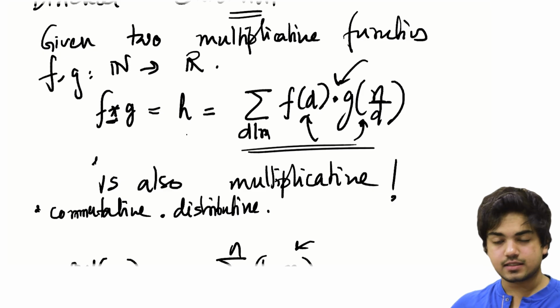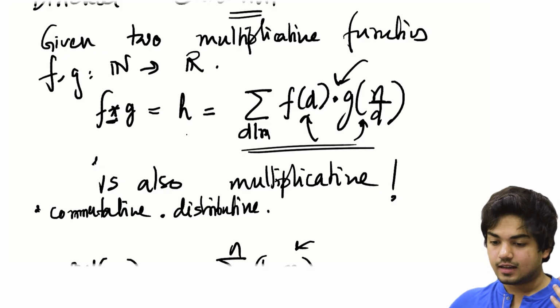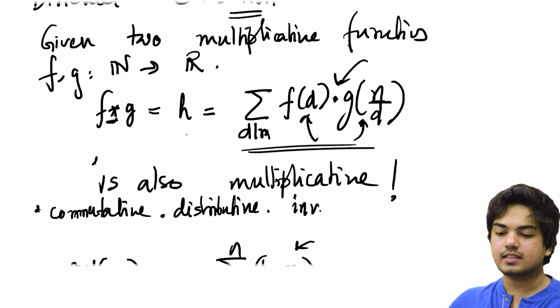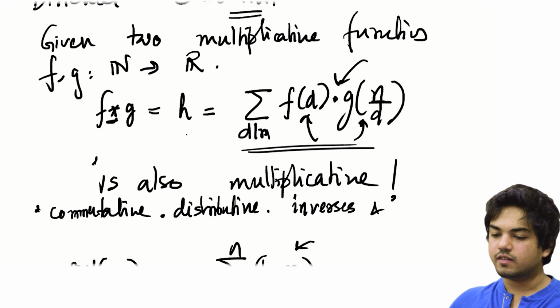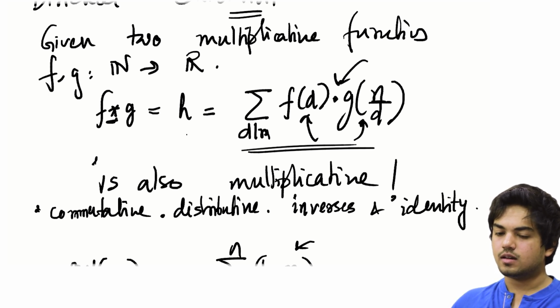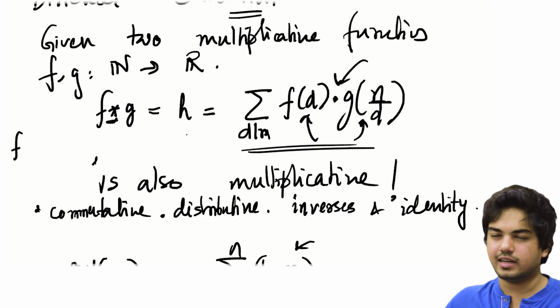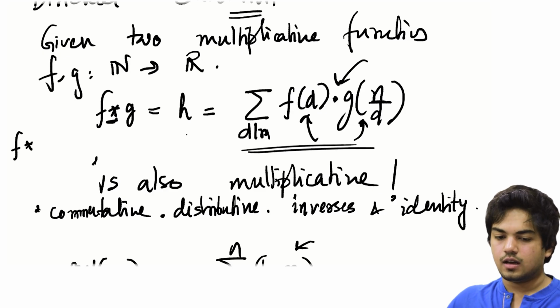And best of all, there are inverses and identity, which I will not get into, but in some way, there is a function that I can make up. It's not very hard to make up. It's called the Dirac delta or the Dirichlet delta, depending on who you ask.